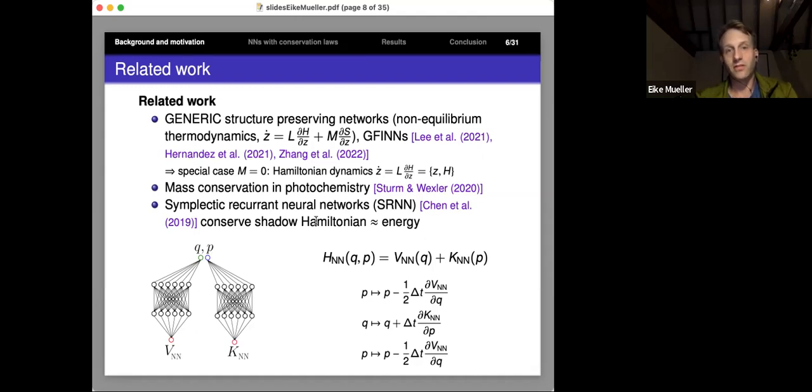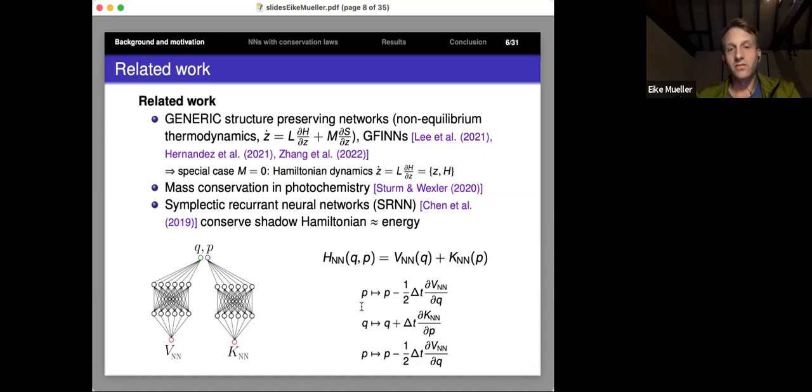So they try to conserve energy, and they do this essentially by constructing a shadow Hamiltonian, which is exactly conserved, and that then leads to the approximate conservation of energy. The idea here is that you split up the Hamiltonian of the system into a potential energy that depends on position, and a kinetic energy that depends on momentum.